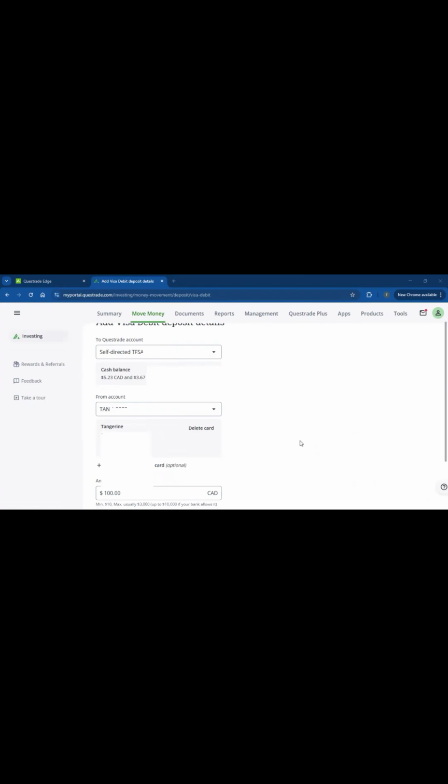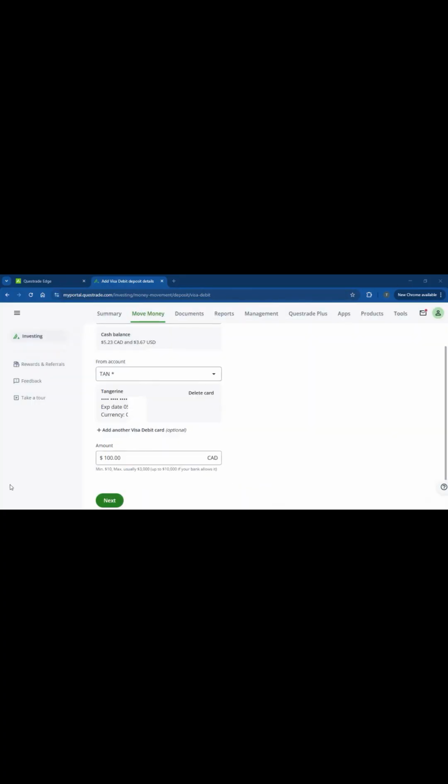Once we are ready, we can now go and see what types of stocks we are supposed to buy. So we are taking 100 from our bank account to our Questrade passive income account. You click next and then confirm your transaction.